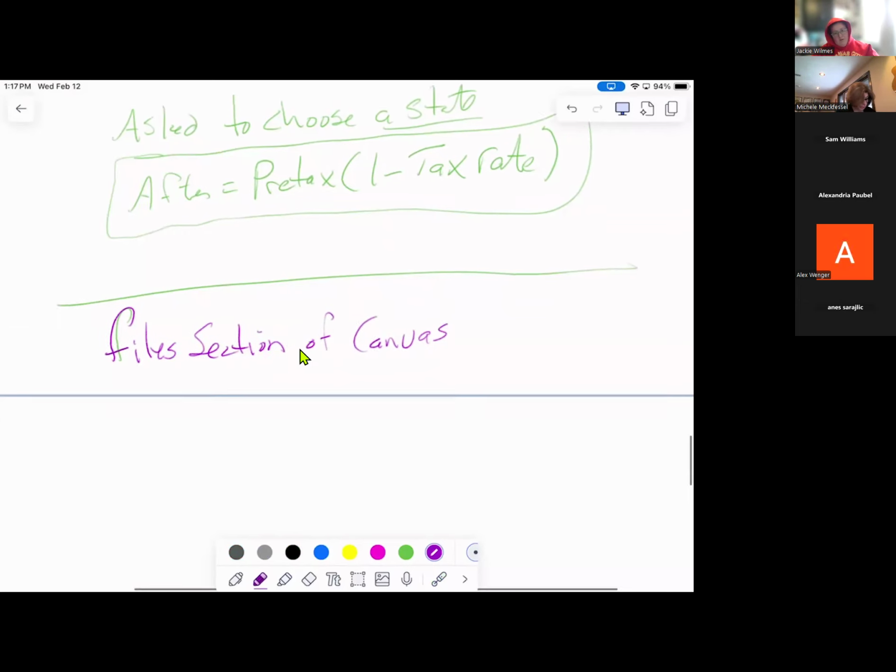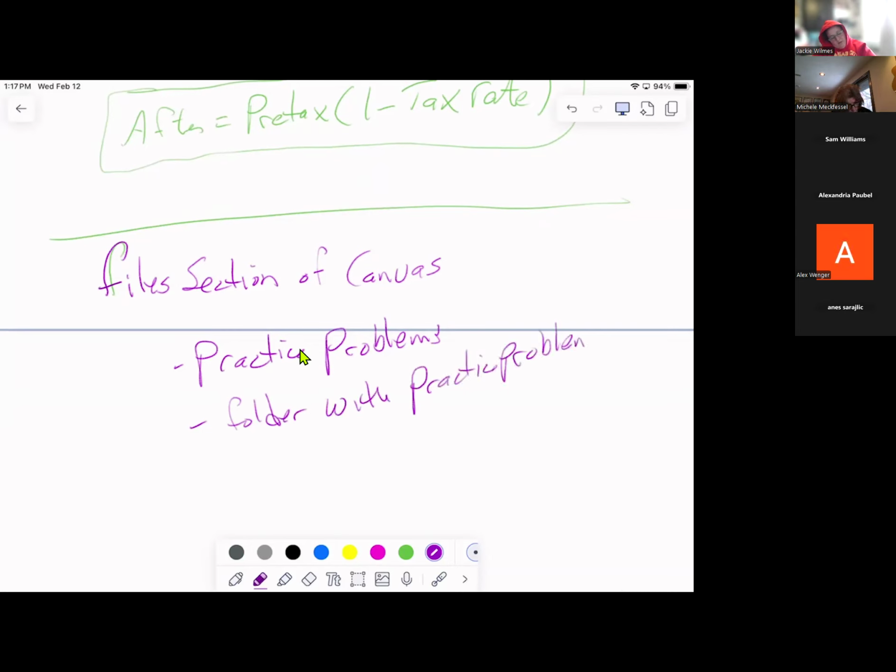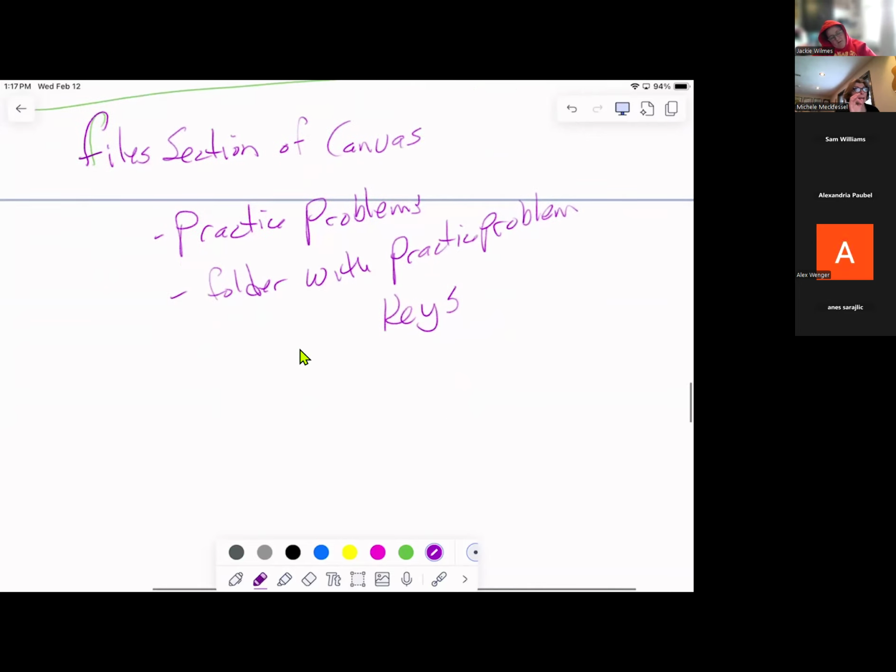So in the files section of Canvas, there are practice problems. Okay. Those are in a folder. And then there is also a folder with practice problem keys. Okay. Awesome. And I don't think the key to chapter 3 is posted yet, but I will make sure I post that today.